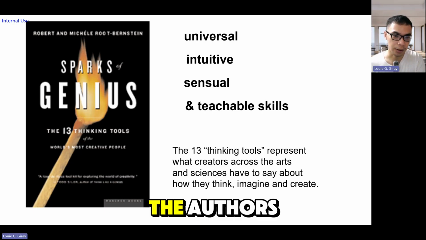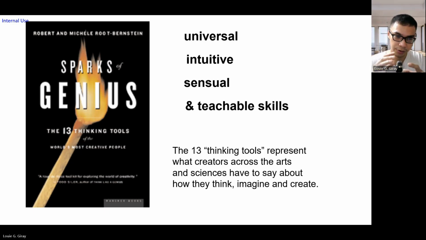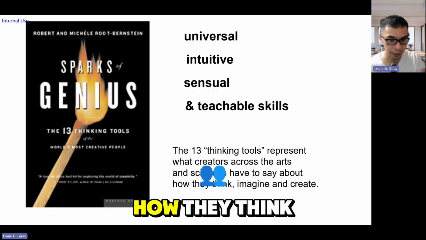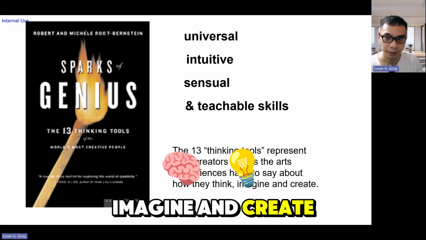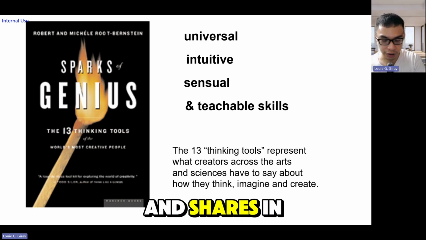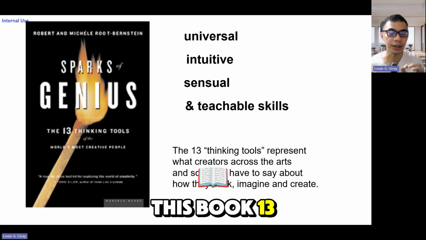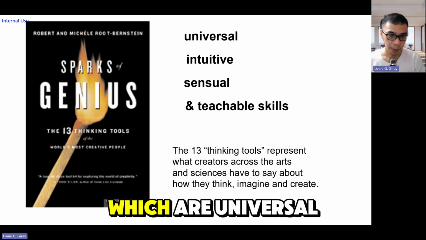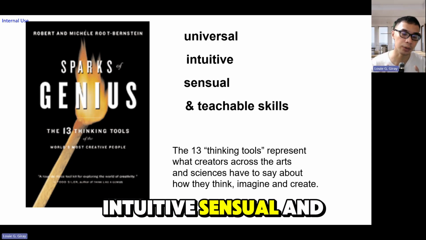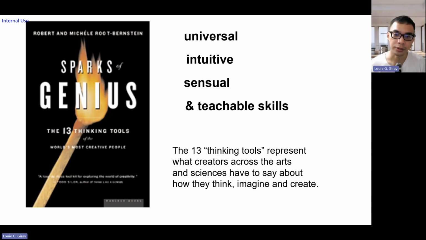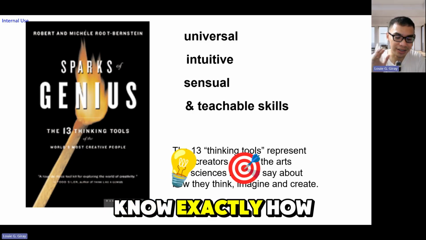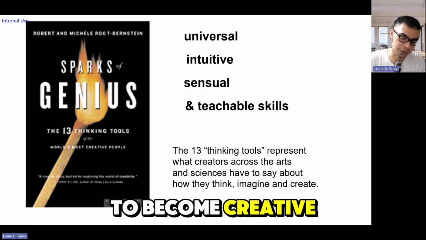Well, the authors found some patterns among them on how they think, imagine, and create, and share in this book 13 key thinking tools, which are universal, intuitive, sensual, and teachable.